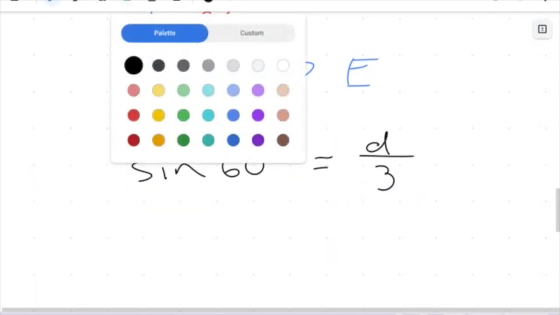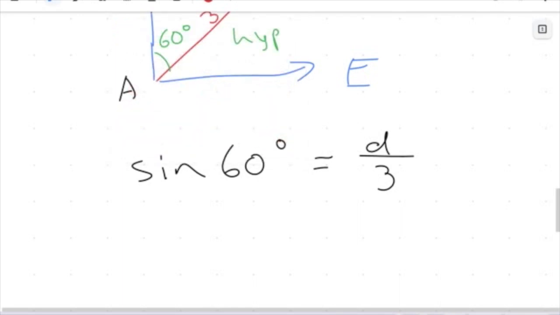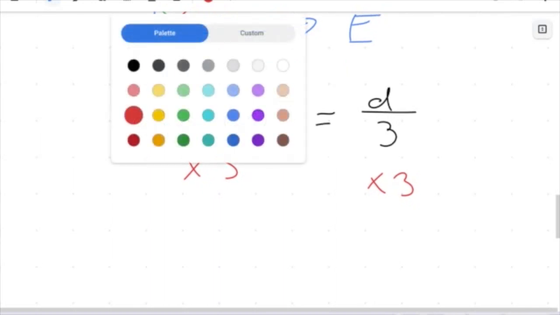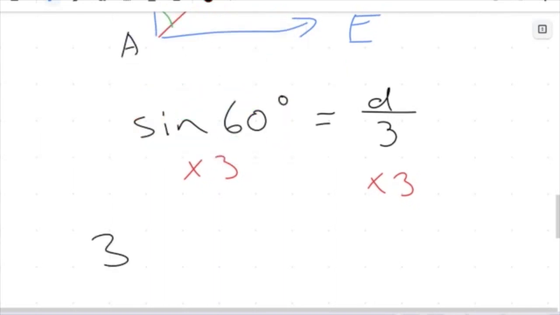So I want to undo this D dividing by 3 because I want to slowly get to finding out what D actually is. So here D is getting divided by 3 to give me sine of 60. So I'm going to do the opposite operation. I'm going to times both sides by 3. So that means that 3 times sine 60 equals my side D.